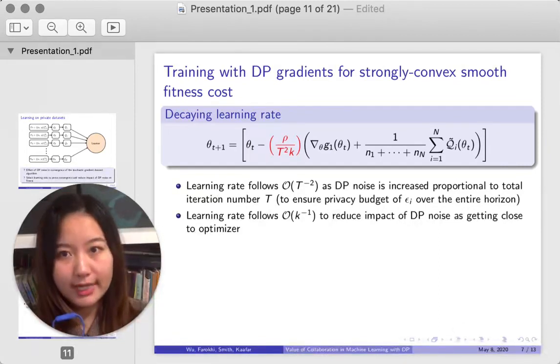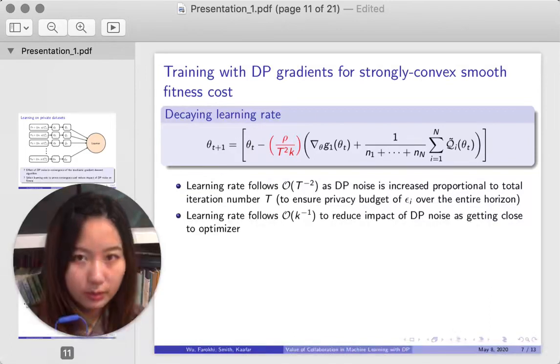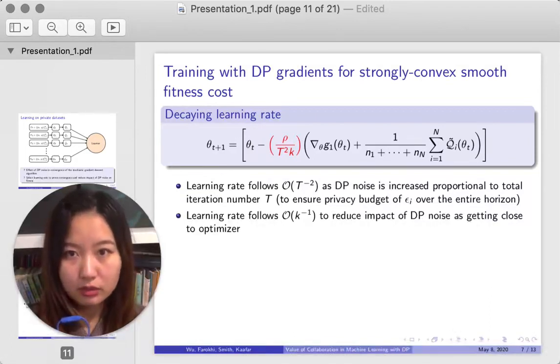We observe that the performance of this algorithm can only be assessed under the assumptions of differentiability, smoothness, and strong convexity of the fitness cost. And these assumptions are satisfied for several machine learning models and fitness costs such as regressions.